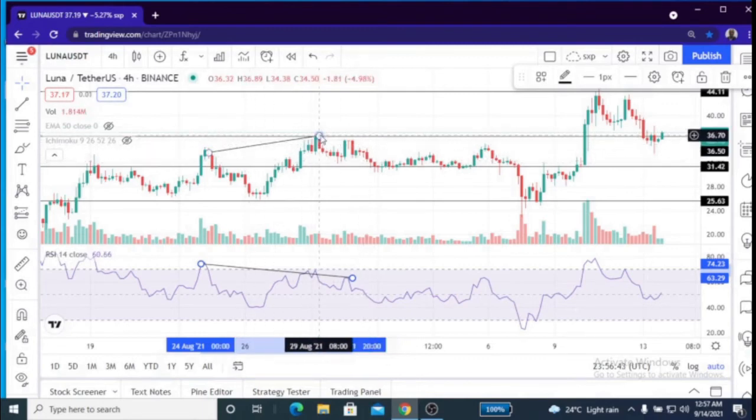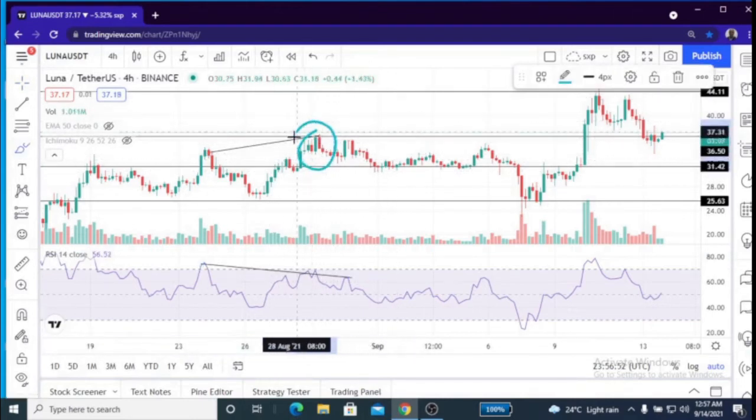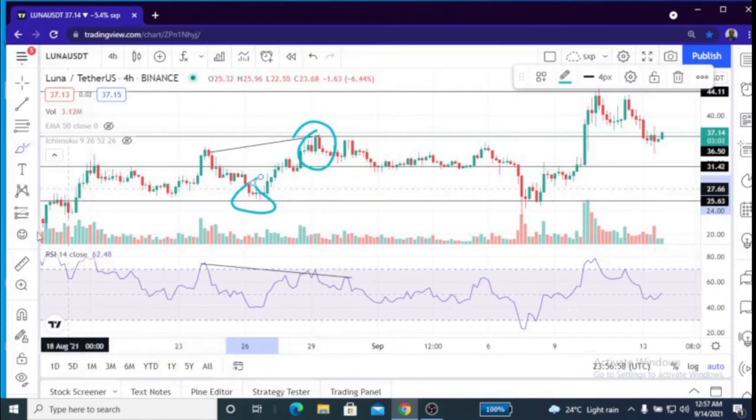And once you recognize that weakness in the market, it makes sense for you to exit your trade around this point if you are a scalper, if you entered around here. I hope you get the point.